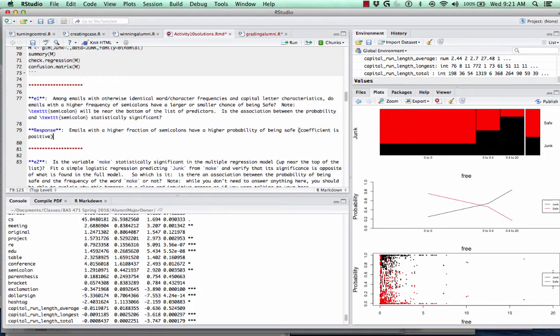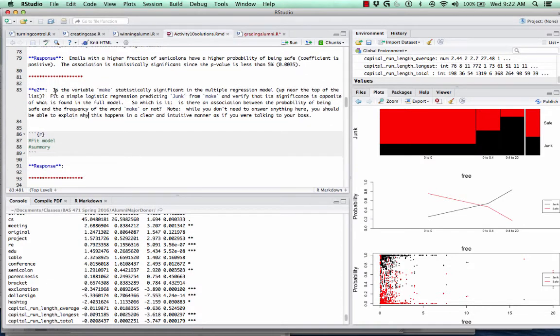The coefficient is positive. Is the association between these two variables statistically significant, even after accounting for all these other variables? Yeah, sure is. The p-value is less than 5%. Actually, it's 0.0035 here.